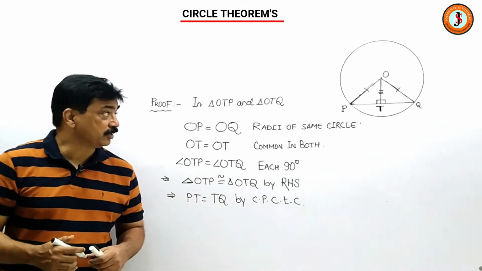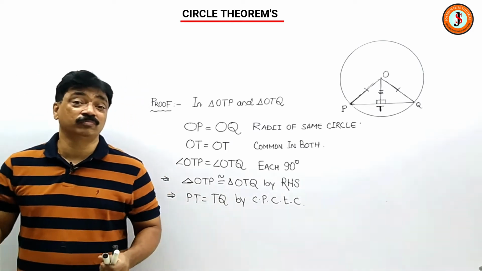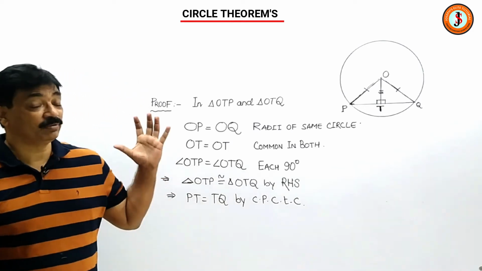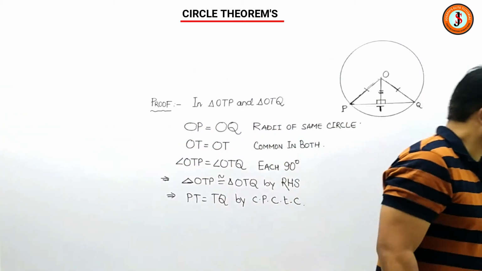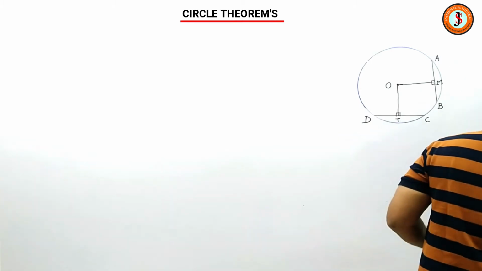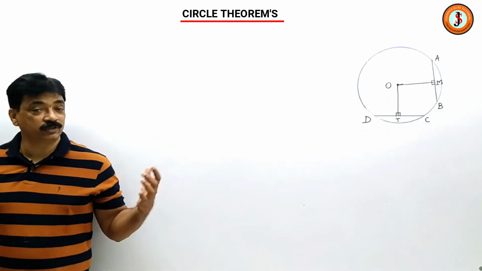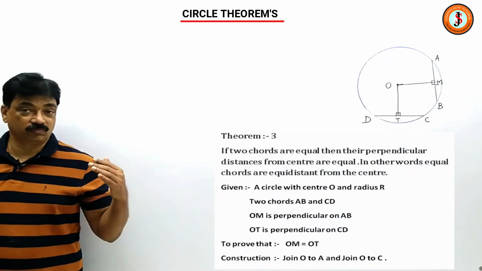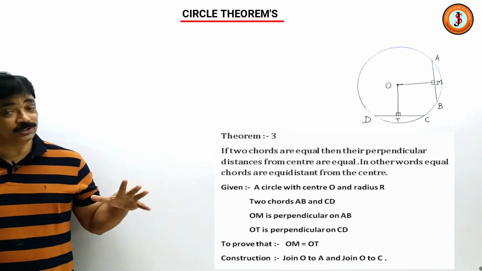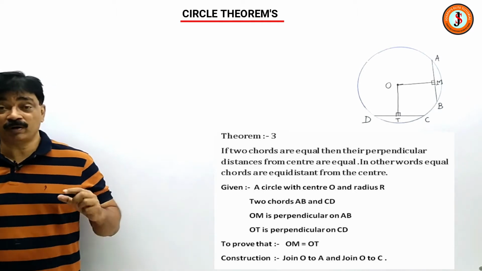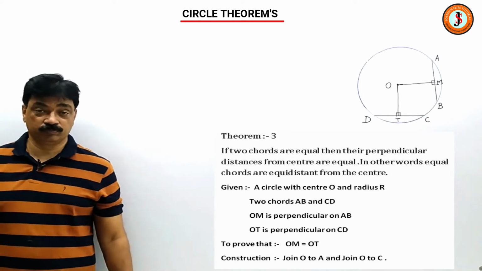So that means whenever a perpendicular is drawn on a chord from the center, it is going to bisect that chord. So we move to the next theorem now. So children, what is theorem 3? Theorem 3 says if two chords are equal, then their perpendicular distance from the center will be equal.